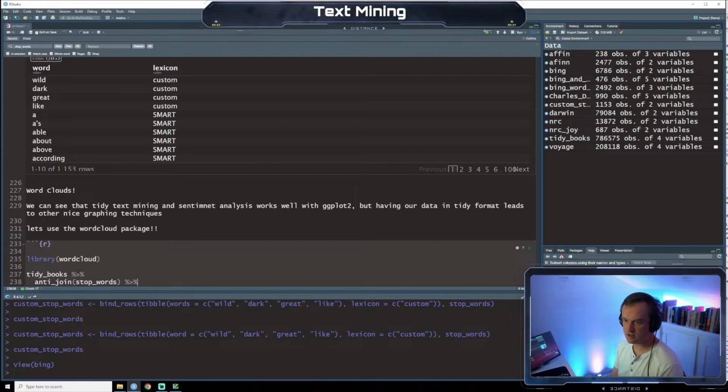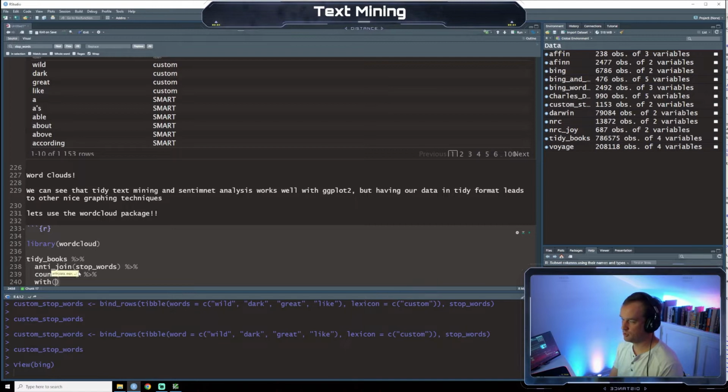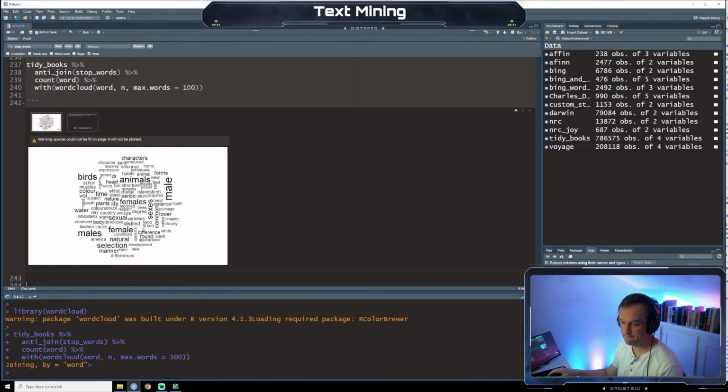If you want, you can use our custom stop words if you want to get rid of great and those words that we picked. We're going to do count, and we're going to do with, wordcloud, word, and then max words equals 100, because we don't want so many words that you can't even read what's going on. So boom.